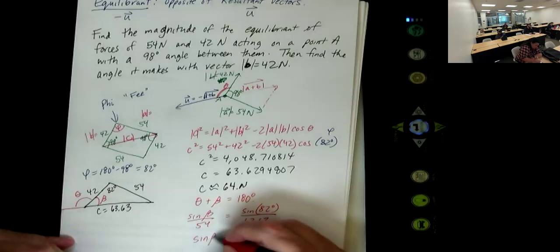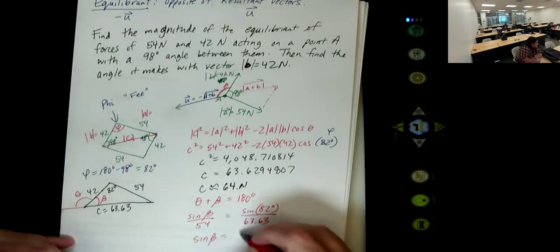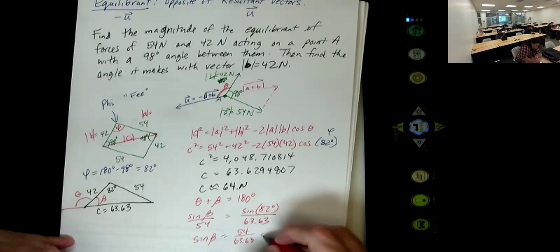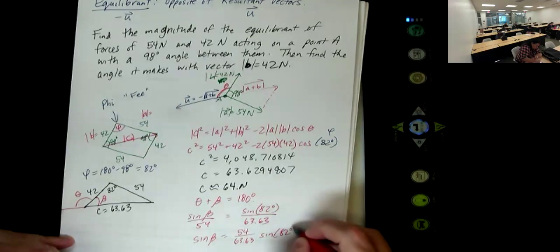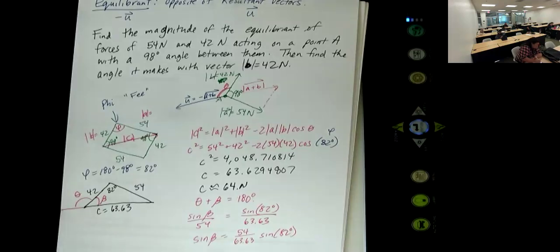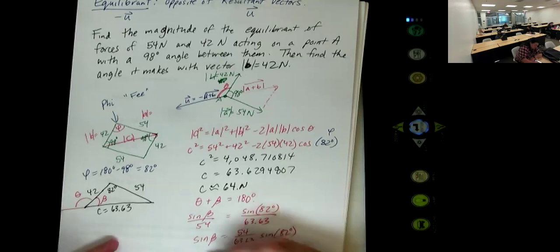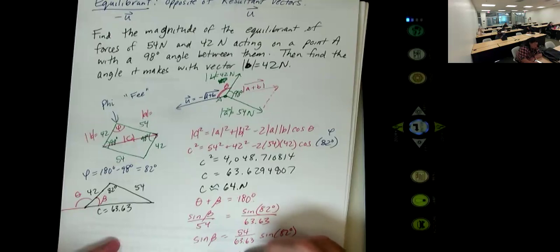Sine of beta is 54 over 63.63 times sine of 82, which equals 0.84.